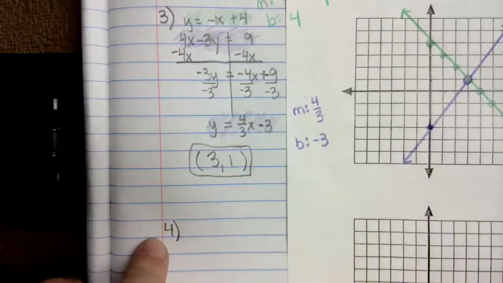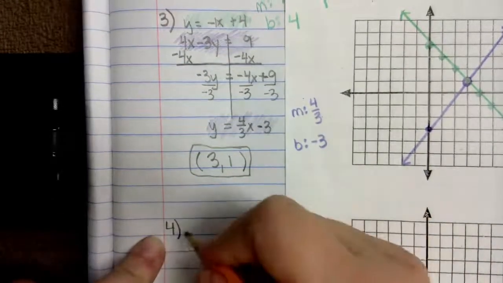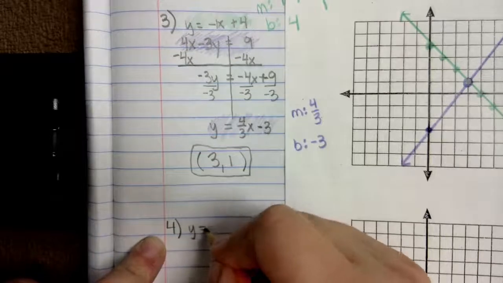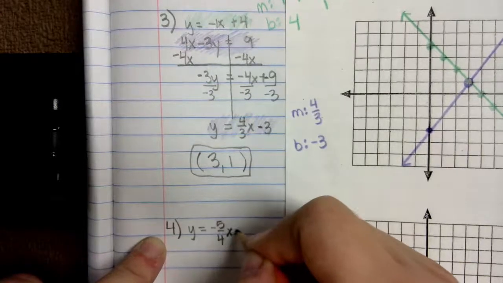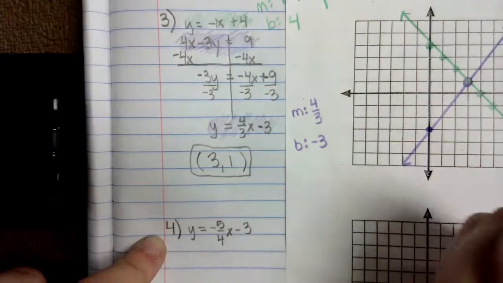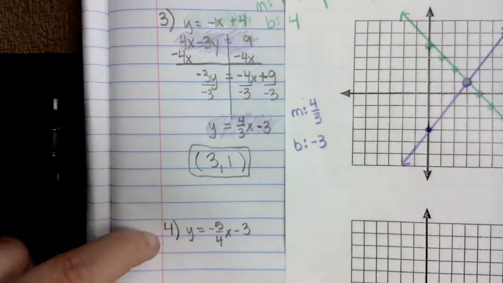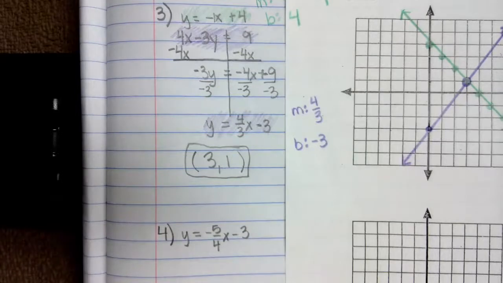Last one for today. Y equals negative 5/4 x minus 3. And that is a minus. I'm double checking right now. I wrote it down right. Good job, Miss Morrell. Thanks.